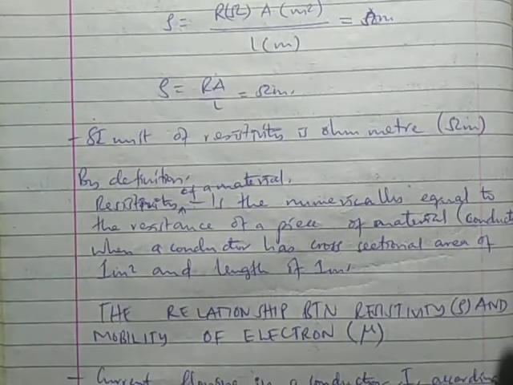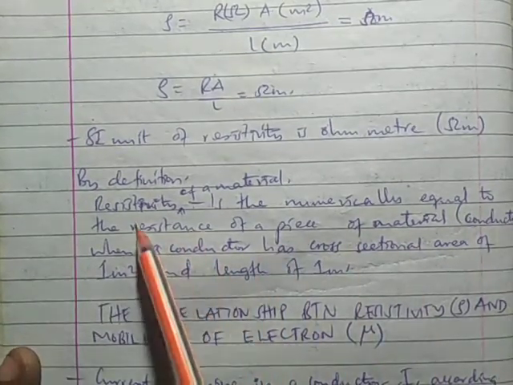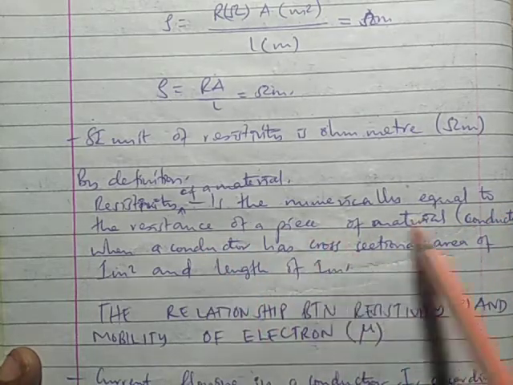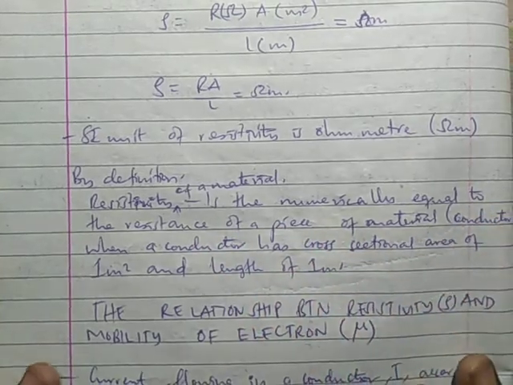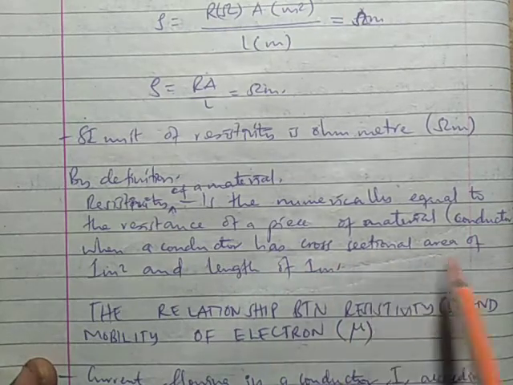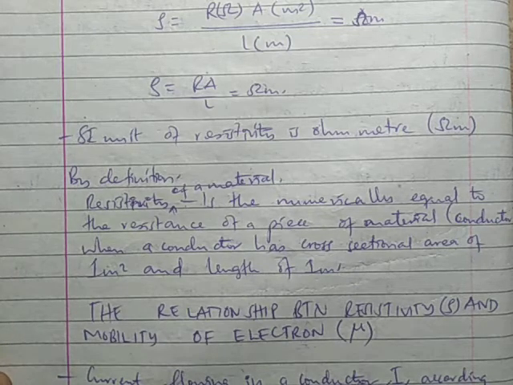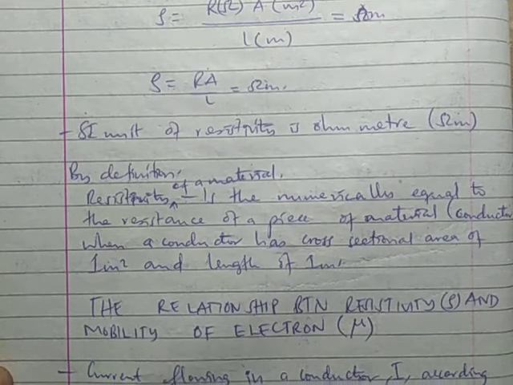So resistivity of a material is numerically equal to the resistance of a piece of conductor when the conductor has a cross-sectional area of 1 meter square and length of 1 meter.